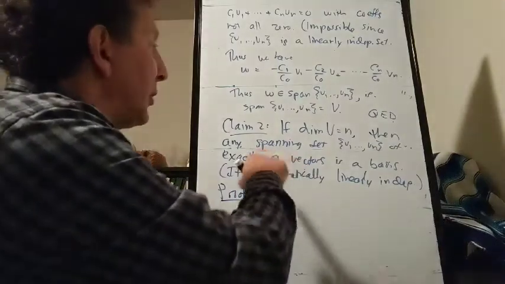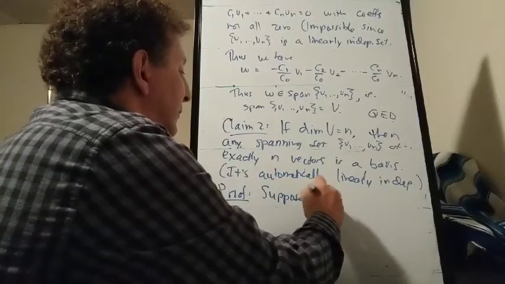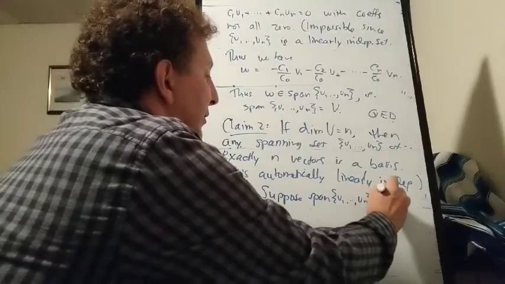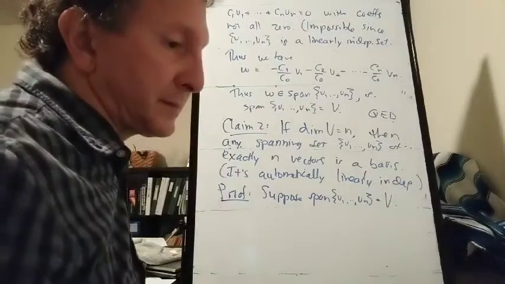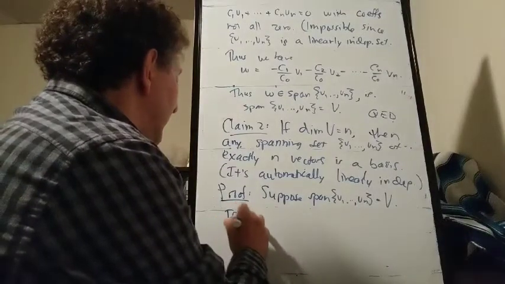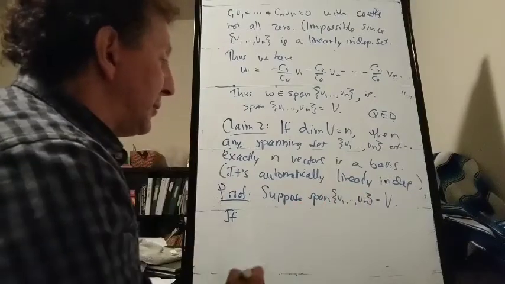So let's suppose we've got a spanning set. So suppose the span of v1 through vn equals the whole space V. I want to show that this is linearly independent.